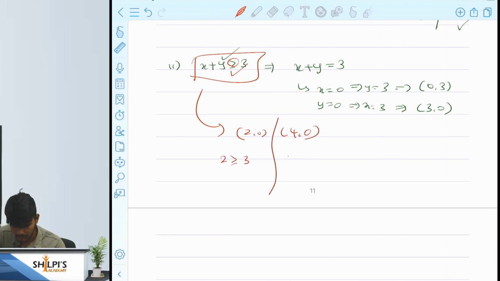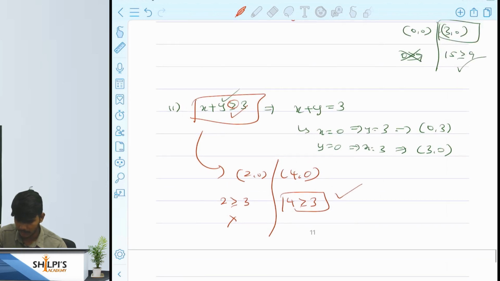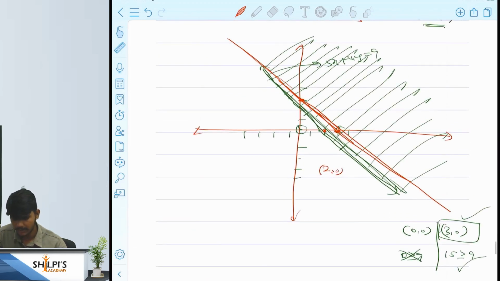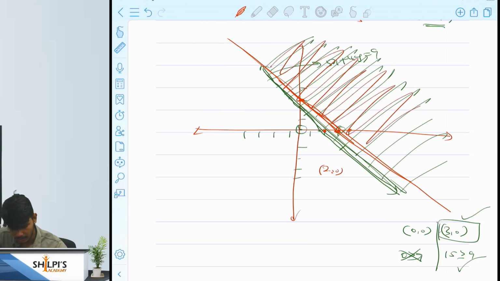And 4 comma 0, is 4 greater than or equal to 3? Which one is correct? 4 is greater than 3. This is right, and 2 is wrong. Since 4 comma 0 is the satisfying point for that inequality, I will shade that particular side. So 4 comma 0 is on this side, so I will shade this part. Right? And I will shade this line too.